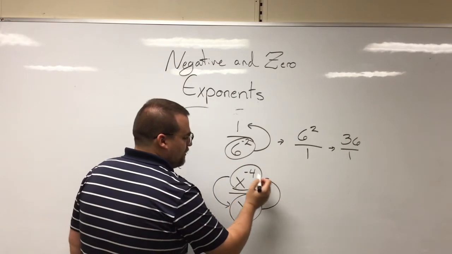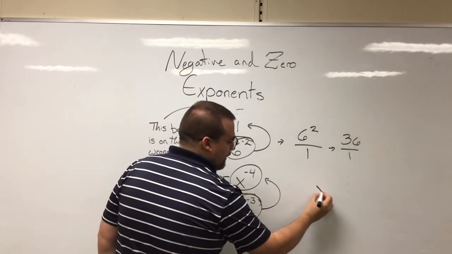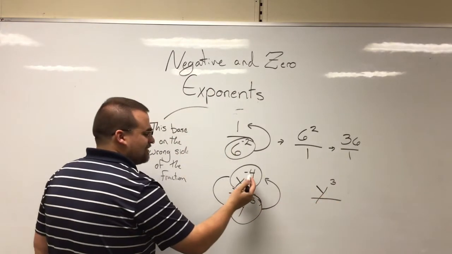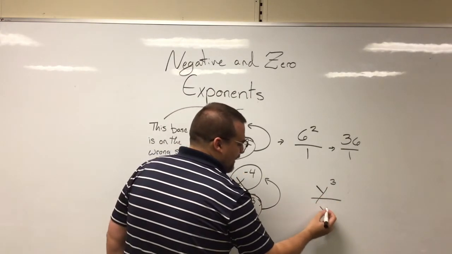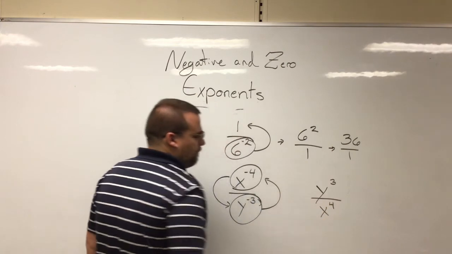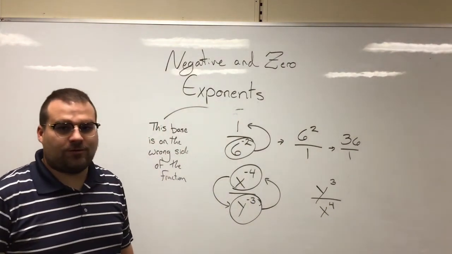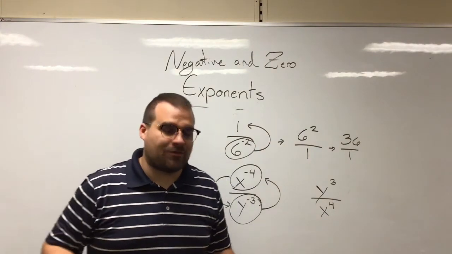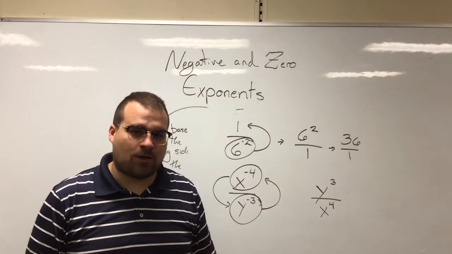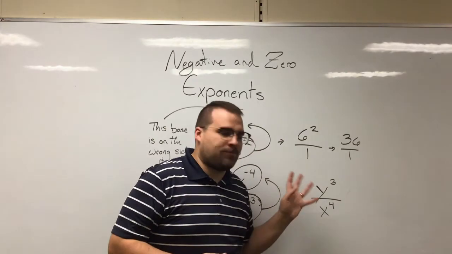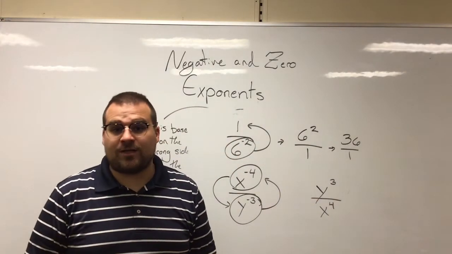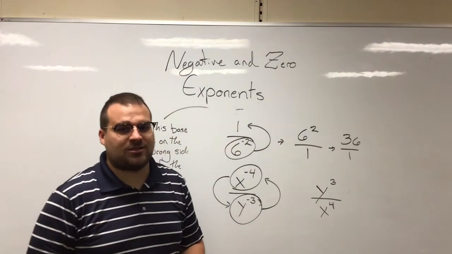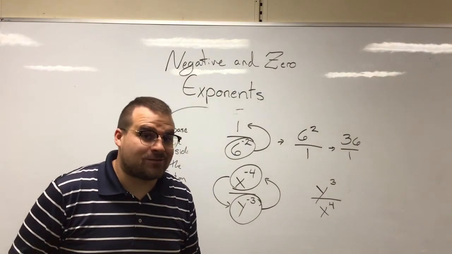The y moves to the top of the fraction, y to the positive 3rd, and the x moves to the bottom of the fraction, and it becomes the positive 4th. And it looks just like that. Now we can't do anything more with this because we don't know what x and y are, so that's about as simple as we can write our answer. But they're now positive exponents that are where they were meant to be.